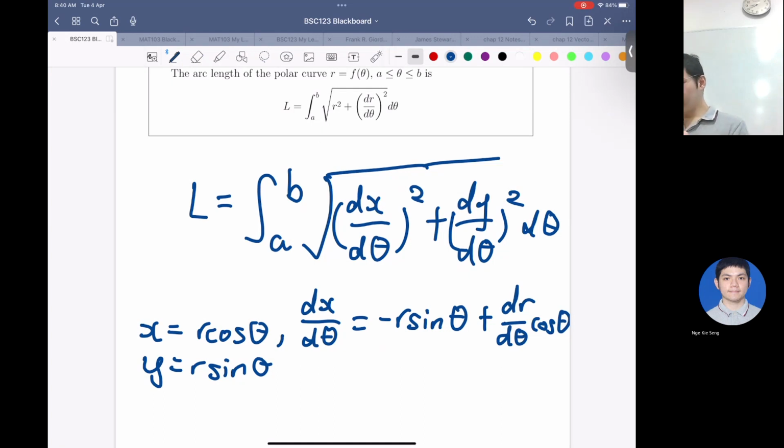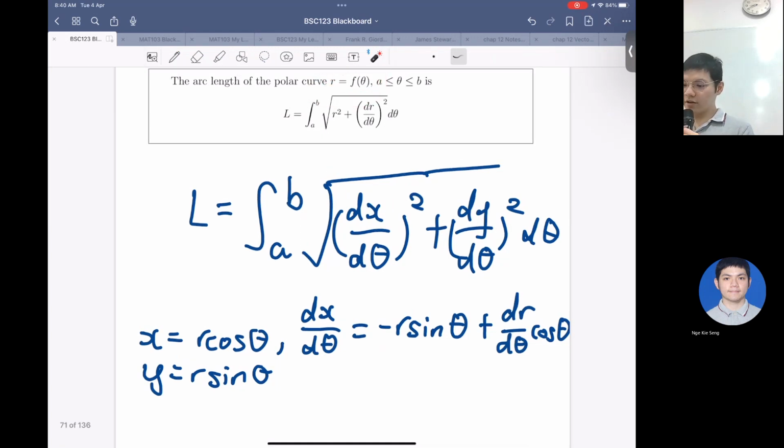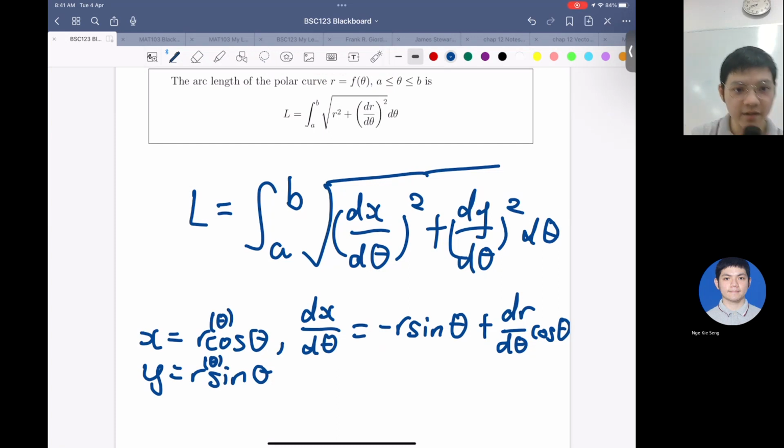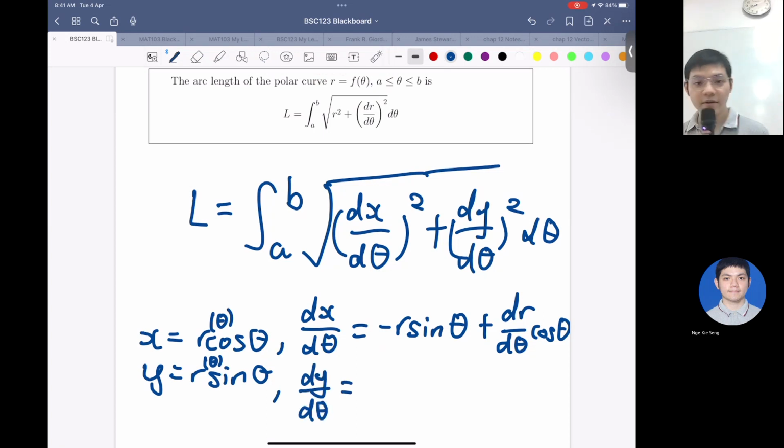Really, see from the top here, r is a function of theta. So actually, I'm not correct in writing just r. So this r actually is a function of theta. Okay, so it's a multiplication of two functions in theta. So you need to do the product rule. Okay, all right. So does this one make sense or not? Okay, correct. How about dy d theta? r cos theta plus dr d theta sin theta.